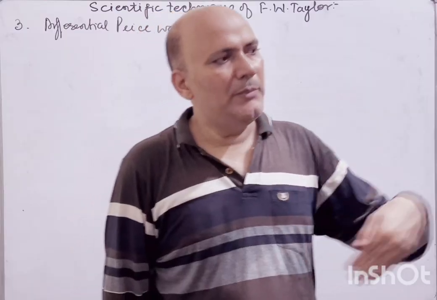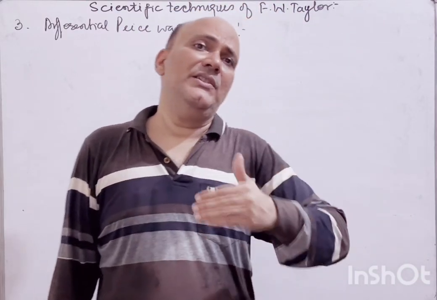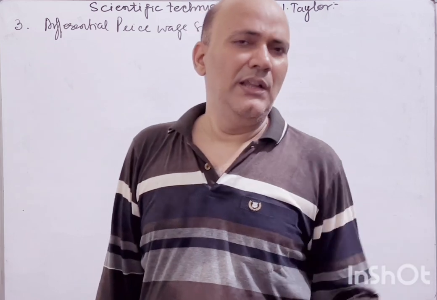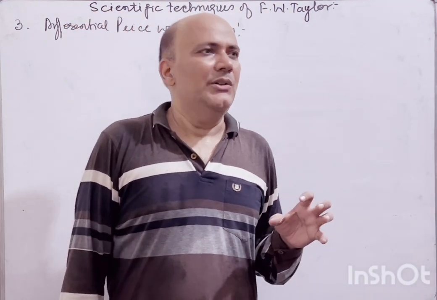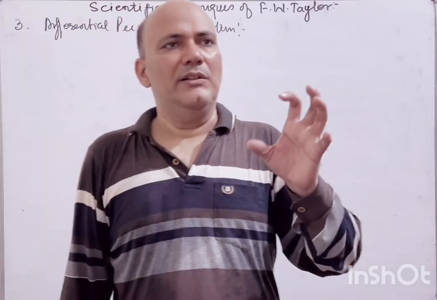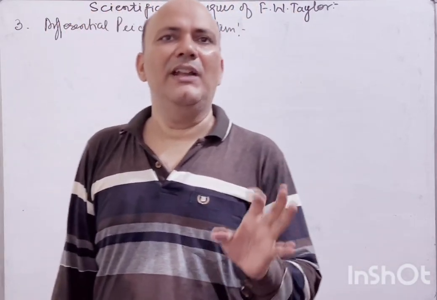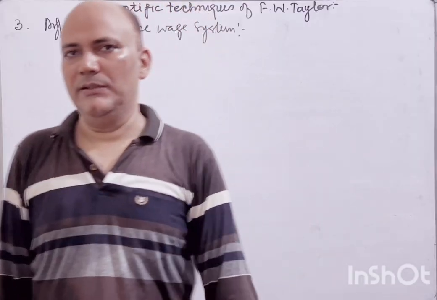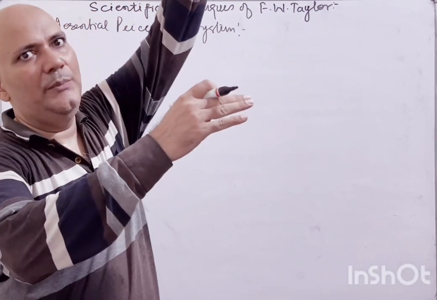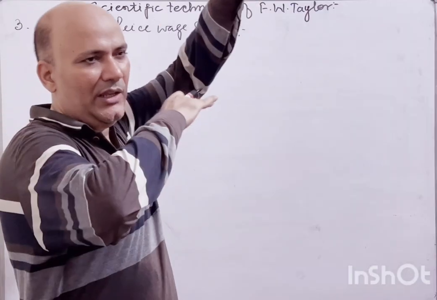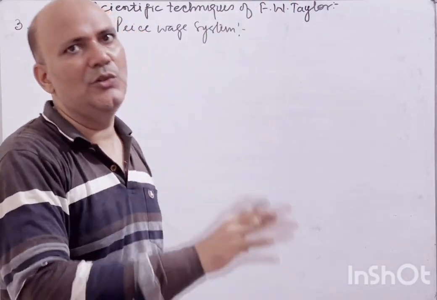If he goes above that, he should get some kind of incentive. And if somebody is not able to achieve that standard production, he should be penalized and get less salary. So if somebody is going above the standard, he gets a bonus. If you are average, you get the standard salary. If you are less than that, you will be punished.